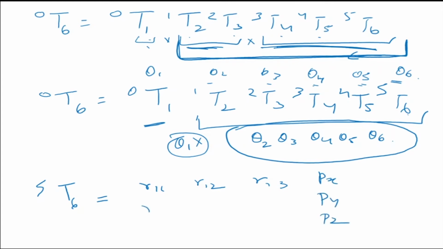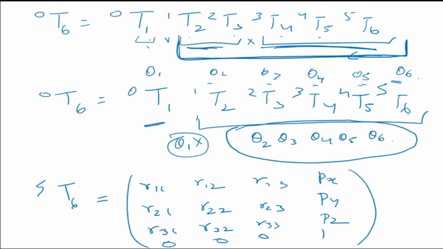So these are R21, R22, R23, R31, R32, and R33. This is always 0, 0, 0. This is always 1. These are all very long expressions. I'm just simply saying that if you multiply it out, you'll get this many terms. This is going to be my rotation, the orientation, and this is going to be my position.